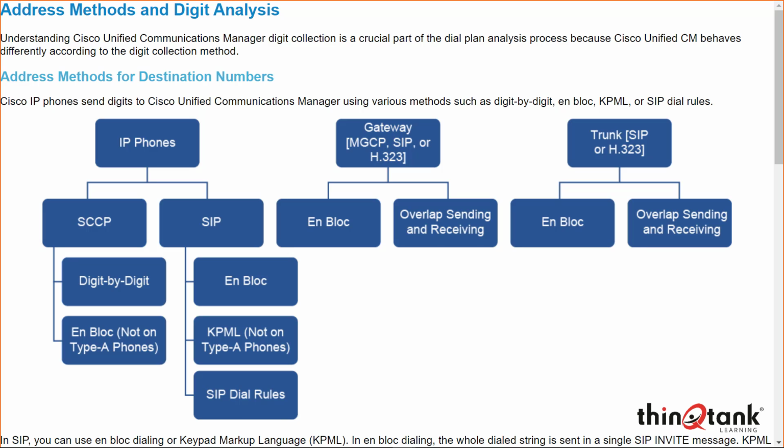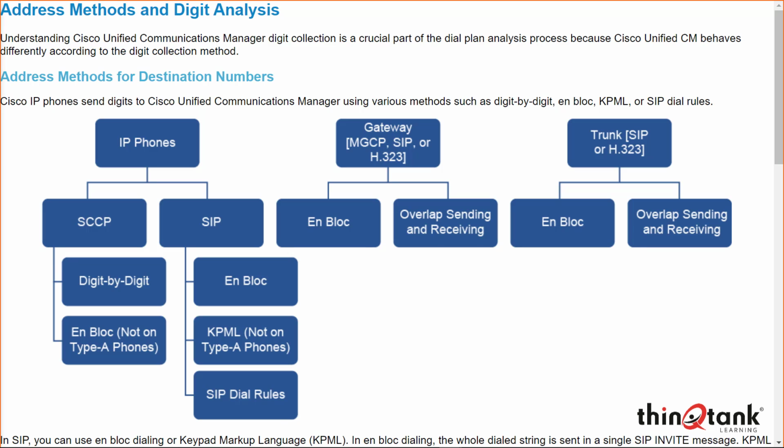Type B phones are kind of the more modern phones, I guess. They're the ones that are going to do the N block digit analysis as opposed to the digit by digit analysis. Not that that's something you need to know for the exam.